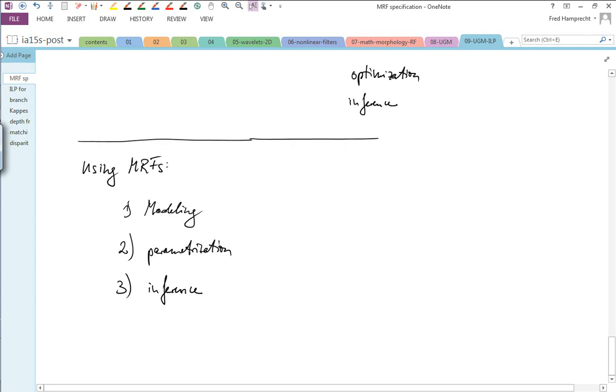And there are now a couple of arrows that I should draw. One is that this parameterization we can of course do by manually tweaking parameters until we like the results, but this is generally tedious and often impossible to do well if you have many parameters in your model. And what do I mean by parameters?